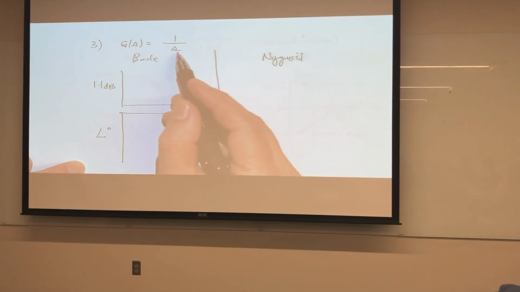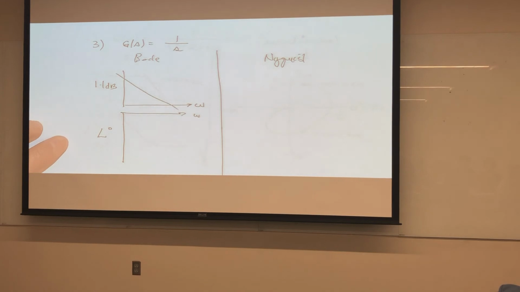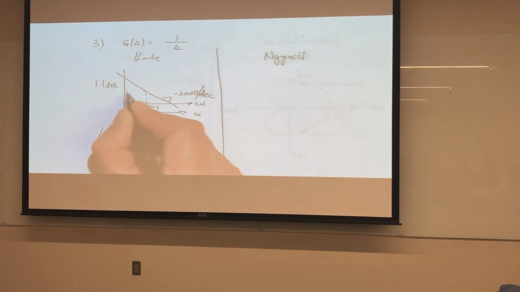So we know that this thing looks like this, and the slope is minus 20 dB per decade. As frequency increases, the magnitude just gets smaller and smaller. The way we should draw it is we should pick omega equal to 1 and make this line go through 0 dB.